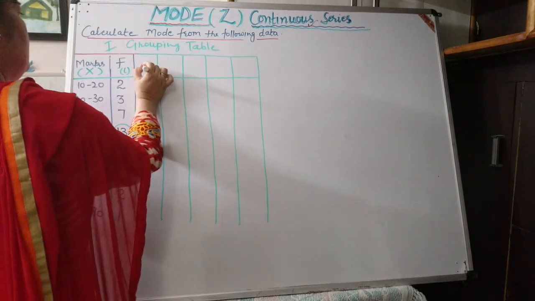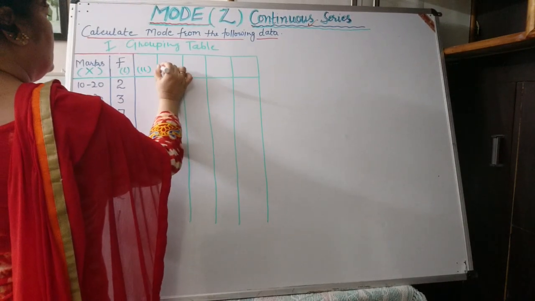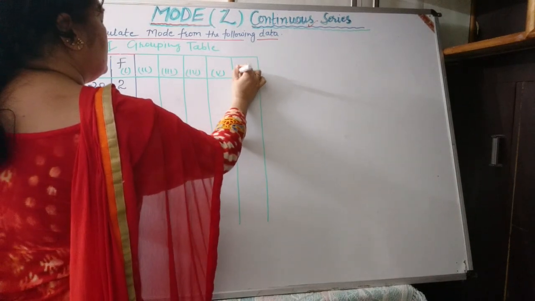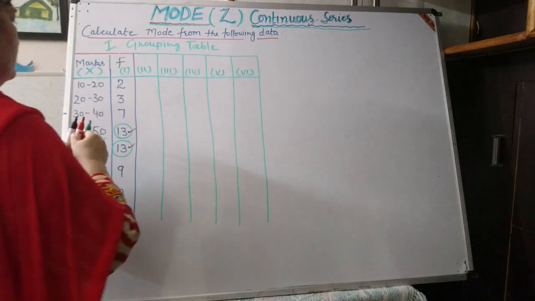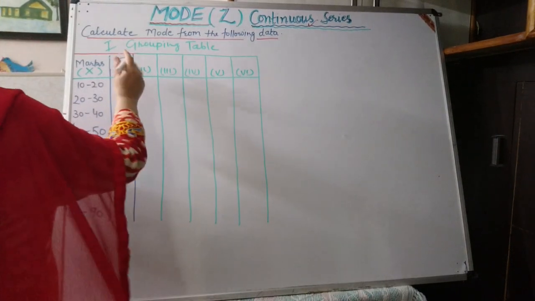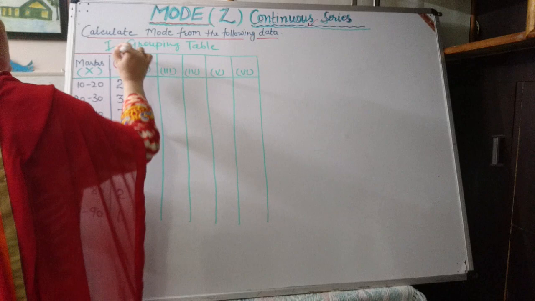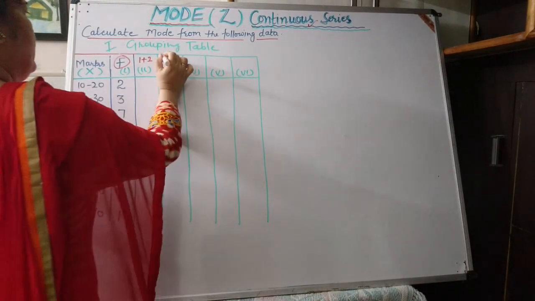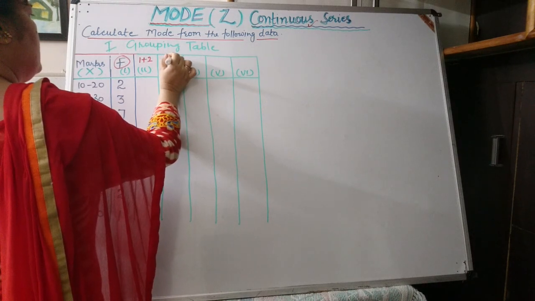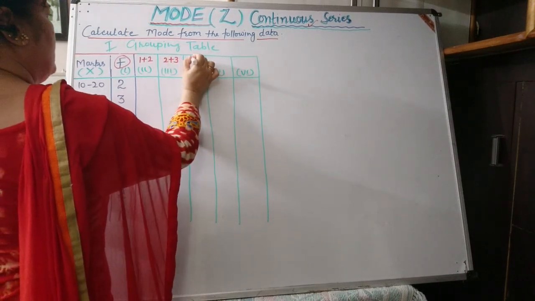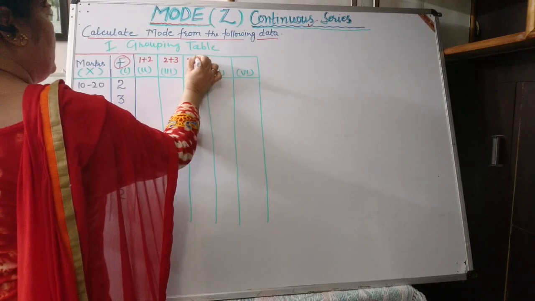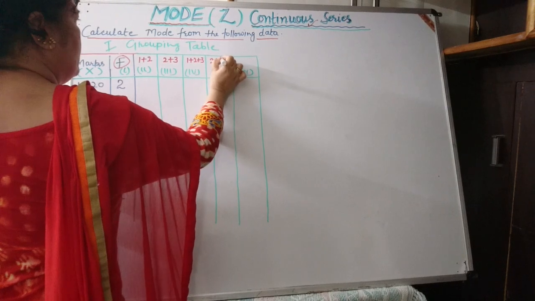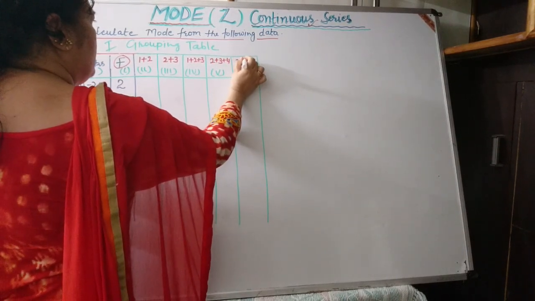First column is related to frequency. In the second column, we will add the first plus 2 values from frequency, then 2 plus 3. In the next column, 1 plus 2 plus 3 frequencies will be grouped, then 2 plus 3 plus 4, and lastly 3 plus 4 plus 5.